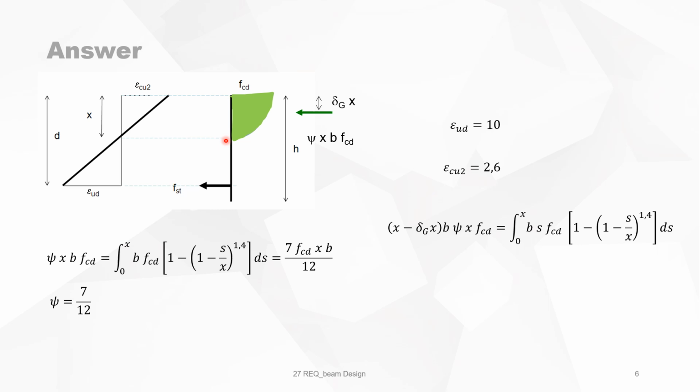So this is the bending moment around the neutral axis, only from the concrete. Then you again make the integration of it, and if you work this out, you will see that delta G is equal to 6/17.